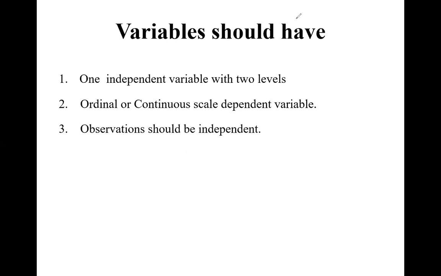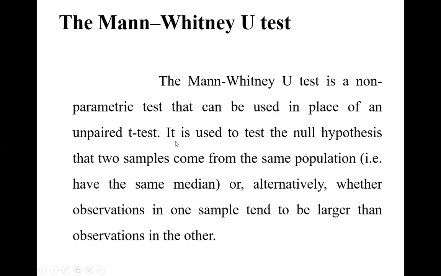It is used to test the null hypothesis: the two samples come from the same population. Same population means there is no difference; the median value of both groups, both categories, is the same. Or, what will be the alternate hypothesis?